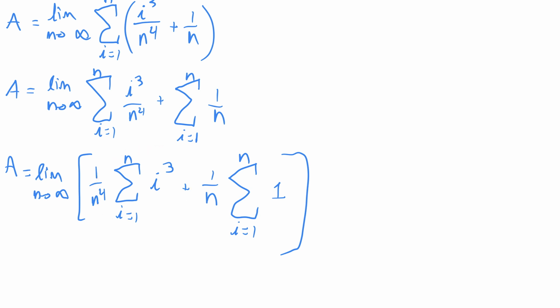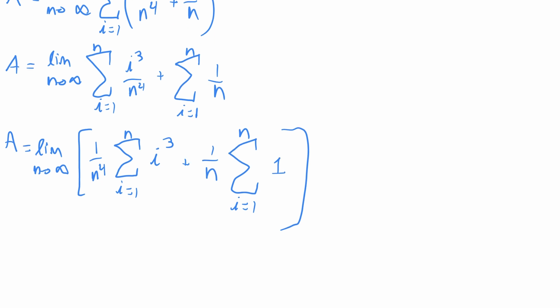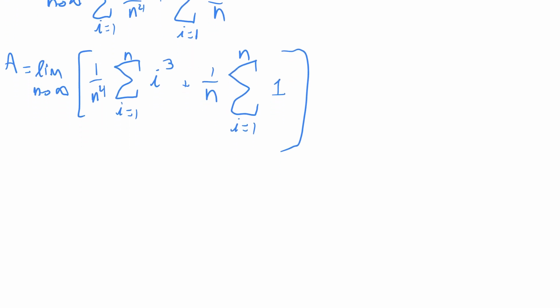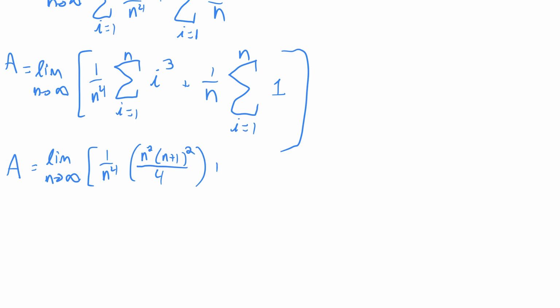And also you'll have to know what the sum from i equals 1 to n of a constant is. So I'll write those rules here as we do them. The sum from 1 to n of i cubed is n squared times n plus 1 squared all over 4. And the sum from 1 to n of the constant 1, you just multiply the constant by n. So that's just 1 times n, which is n.